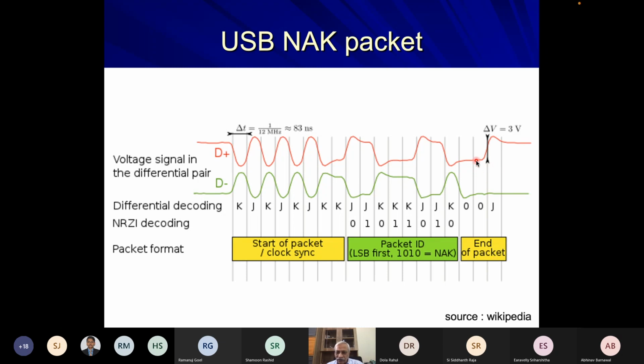Here, for example, you could see that D plus and D minus are not opposite of each other. Usually, most of the time they are, but they need not be, and that also carries some information. So we don't go into details of what actually this is representing, just to give you a flavor of what is happening.